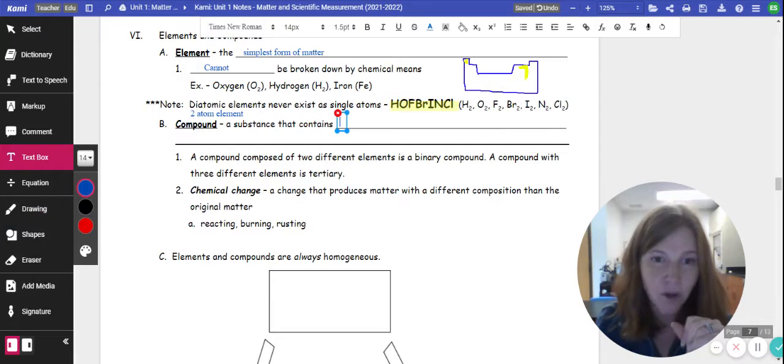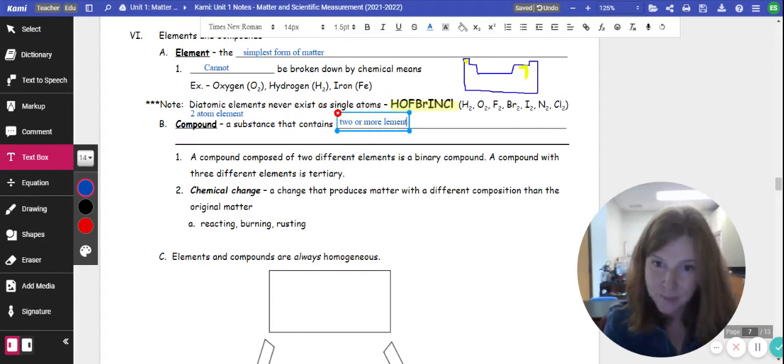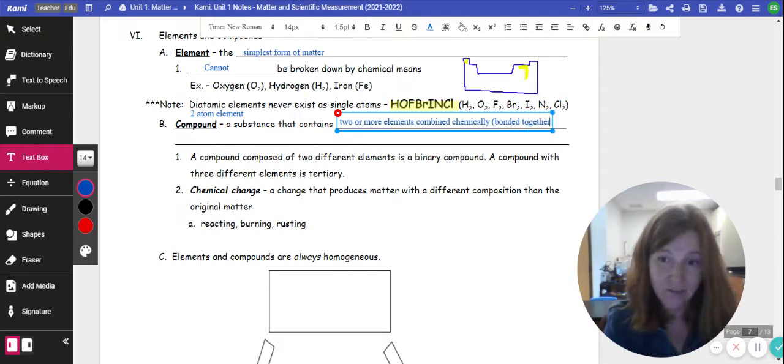Now our next word is compound. A compound is a substance that contains 2 or more elements combined chemically, meaning they are bonded together.